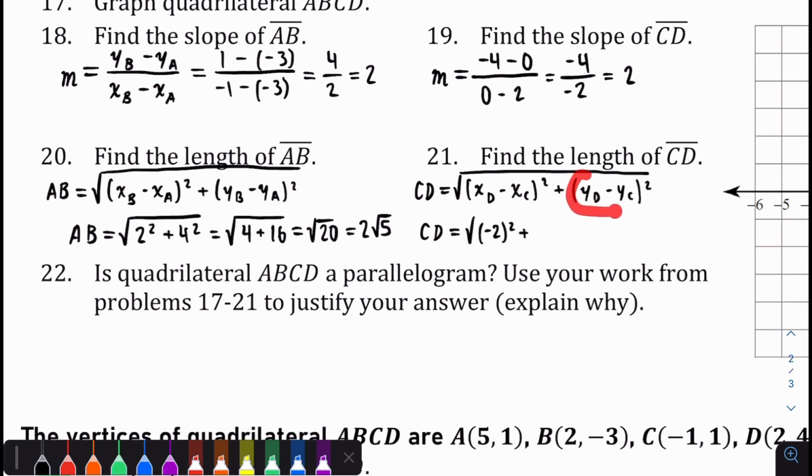And I already did y sub d minus y sub c up here, and I got negative 4. Negative 2 squared is 4. Negative 4 squared is 16. And this is looking pretty familiar. It's exactly what we did right here. So I'm just going to skip ahead to 2 square root of 5.